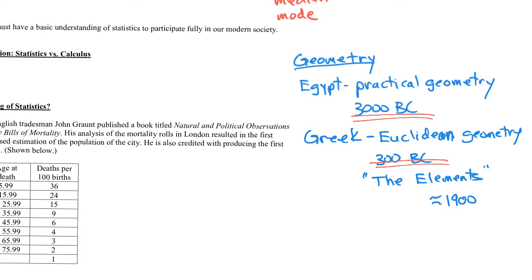So the book you studied in high school wouldn't have changed a whole lot from this one back here, 300 BC. So geometry is well established, not any big changes. Even calculus. I teach calculus, and the book that we use has theorems that haven't really changed too much in the past 300 years or so.